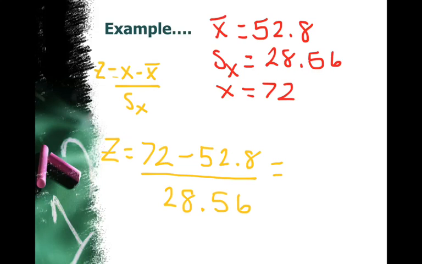And so if you work this out, you should get 0.67. And so what is that telling us? It's telling us that this score is 0.67 above the mean. And so again, if you're positive, you're that much above the mean in standard deviation units. And so this score is 0.67 standard deviations above the mean.